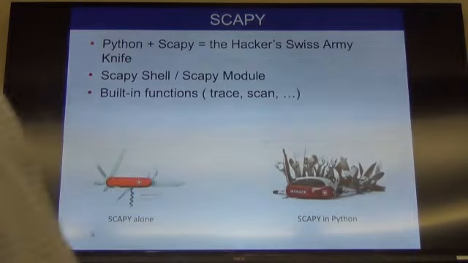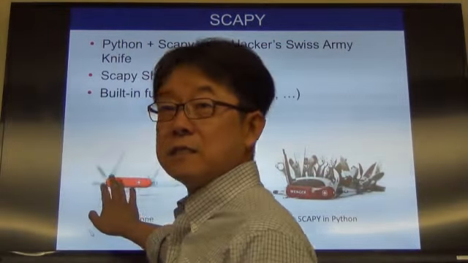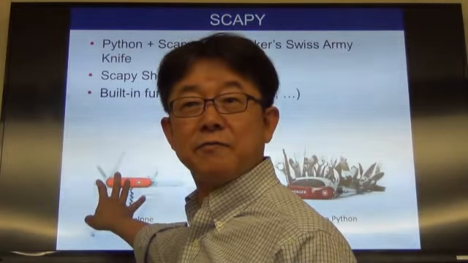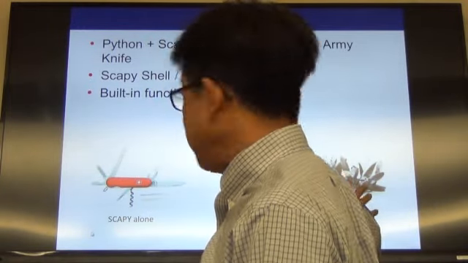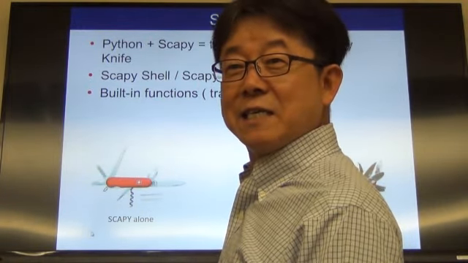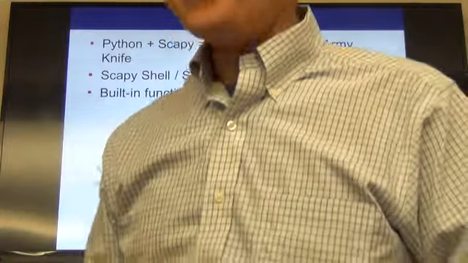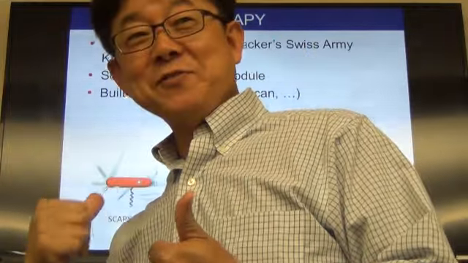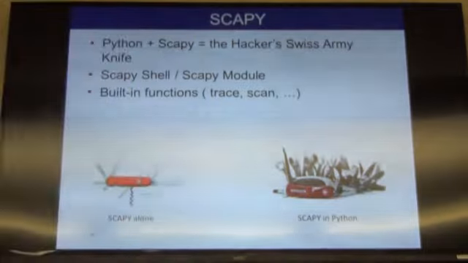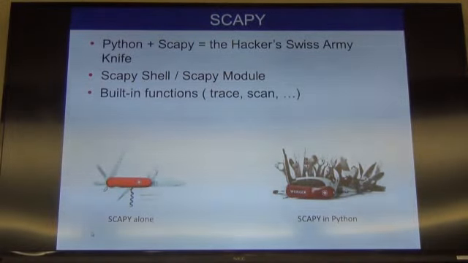Scapy itself is like a Swiss Army knife, easy, but Python and Scapy together give more weapons. It's like Messi, a powerful attacker: in any situation, Messi can make a goal.